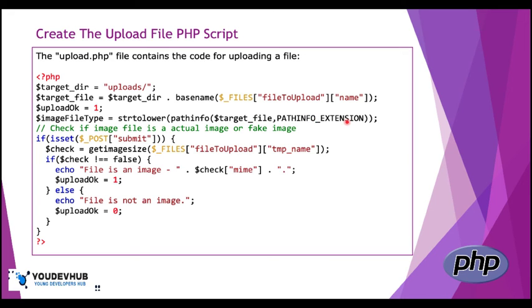Now these are predefined functions in PHP. We do not go into finding out why they are there, but that is the way they are created. So pathinfo takes the target file and PATHINFO_EXTENSION.